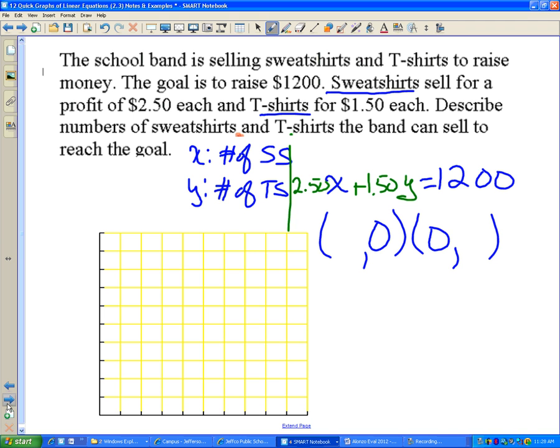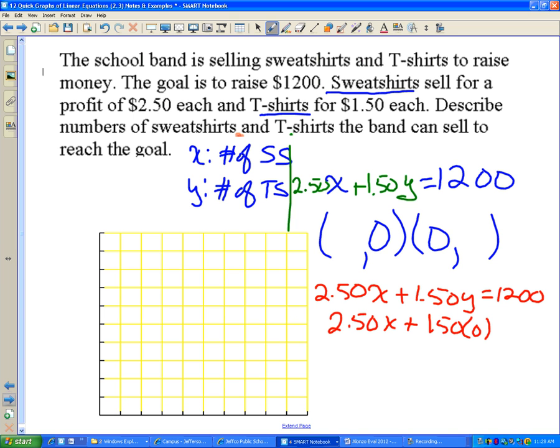If I let y equal 0, I get 2.50x plus 1.50y is equal to 1,200. Let y equal 0: 2.50x plus 1.50 times 0 is equal to 1,200. This is 0, so 2.50x is equal to 1,200.